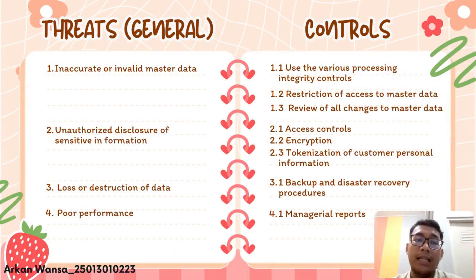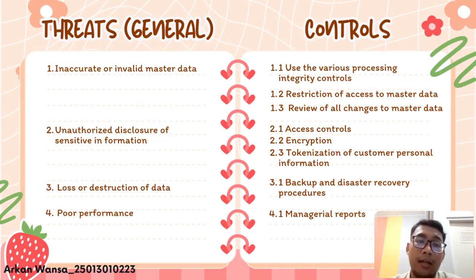Therefore, the first general threat listed in table 14.1 in the book is inaccurate or invalid master data. Errors in customer master data could result in shipping merchandise to the wrong location, delays in collecting payments because of sending invoices to the wrong address, or making sales to customers that exceed their credit limits.